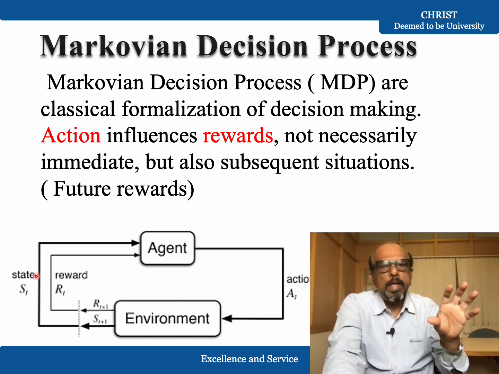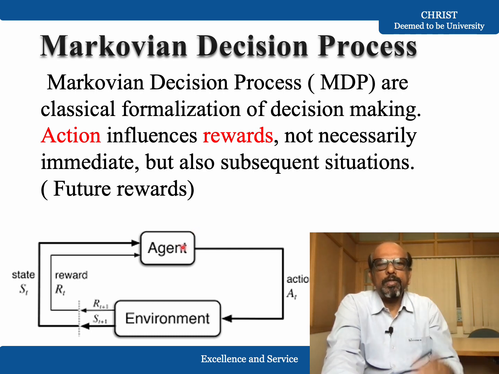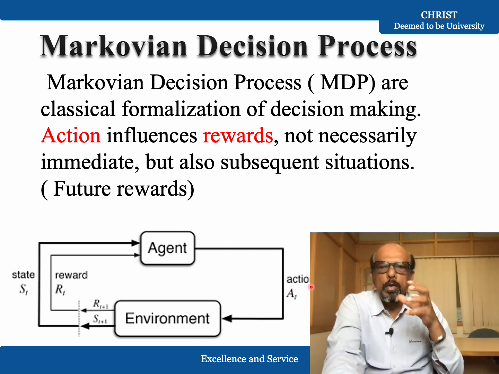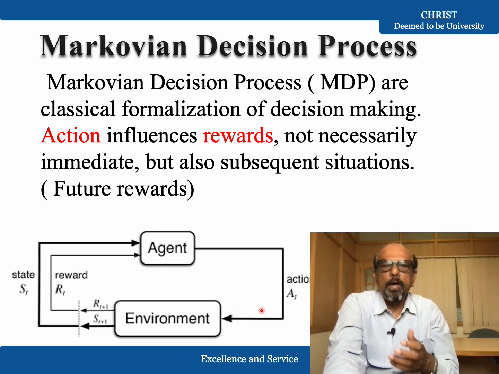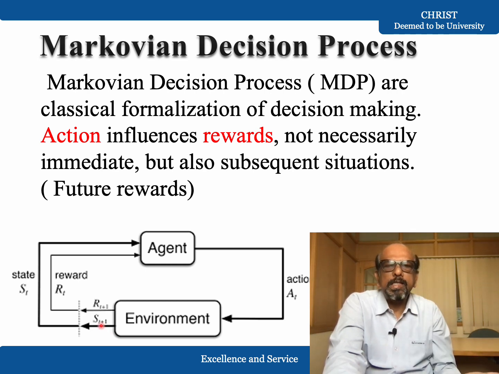When you are in state Si, the agent has to choose some action. The agent chooses action Ai. When you do action Ai, it impacts the environment and you get another state. So when you perform action Ai, you enter into another state called Si+1 together with a reward Ri+1. So this is the way it continues.